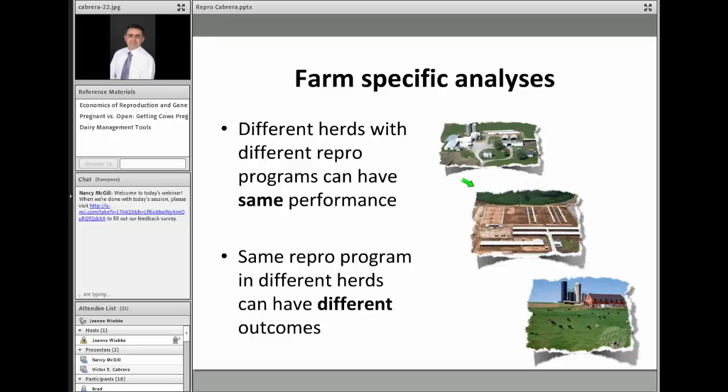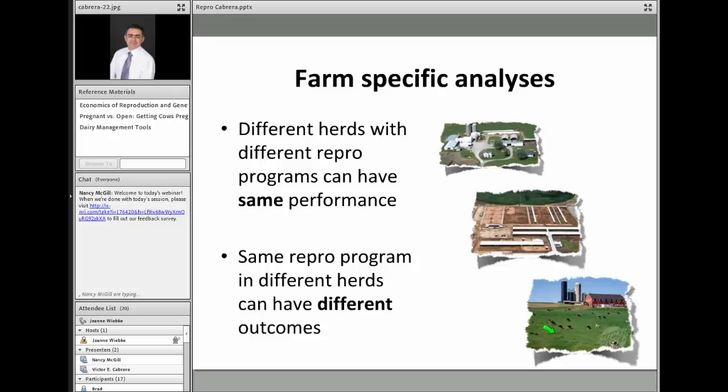As you can see here on the right side, we do have, not only in Wisconsin, in the US and around the world, very different dairy farm reproductive systems. And each one will have their own challenges, their own strengths, their own weaknesses, and they will need to be assessed from the reproductive standpoint of view individually.